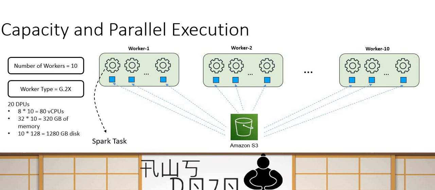Okay, so now that I understand these workers and how Spark tasks run within the workers and are responsible for processing a part of your file with certain vCPU and memory allocated to it, let's try to understand the problem.